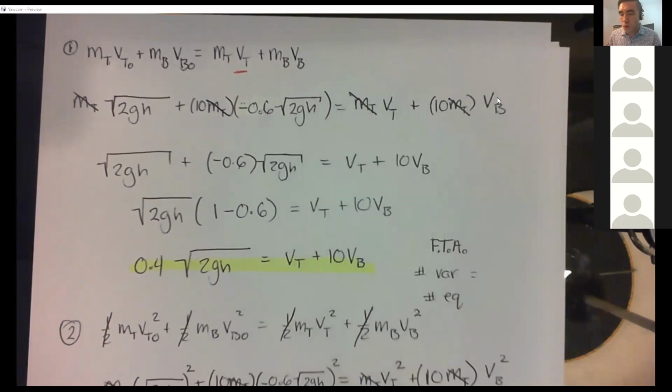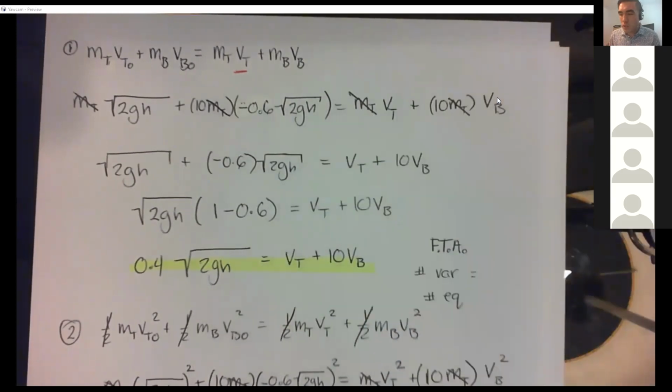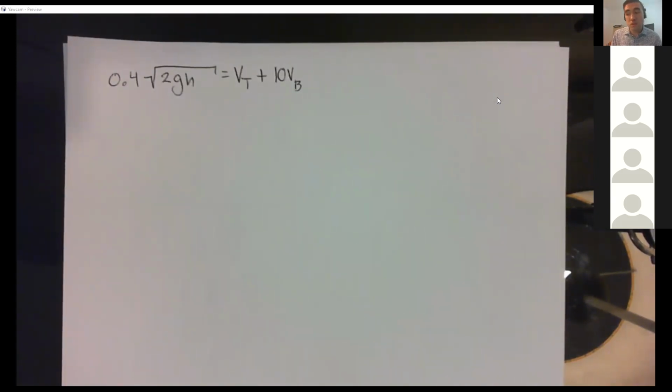The rest of this work would be sprinkles on top in terms of your score. But by the time you had written this line down and this line down, you had already scored a 4. The rest of this algebra, which is just algebra, it's just being very careful, is the difference between a 4 and a 5. But just understanding enough to set this up is the 4.